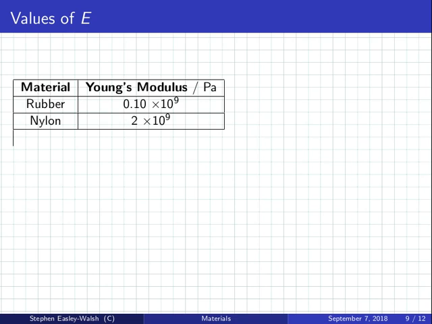Now, who knows what this material is? I'd expect you two to know what it is. Nylon. Do you know? It's related to clothes, yeah. It's the fabric used to make tights. You know tights?